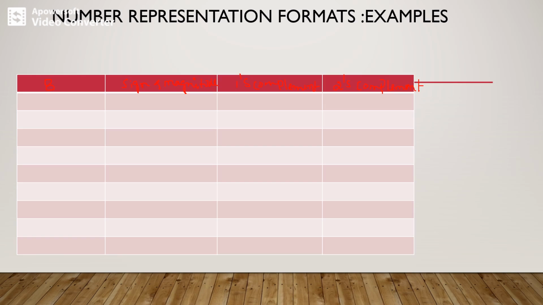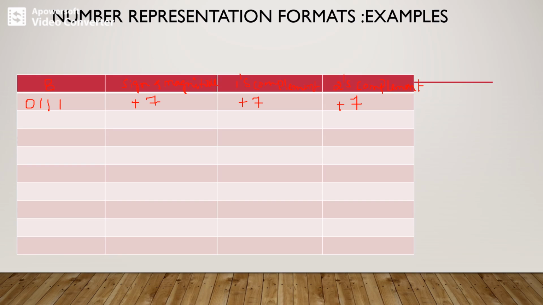So first we'll consider the number 0, 1, 1, 1. Since the MSB is 0, in sign and magnitude I can write it as plus 7. Since the number is positive, one's complement is the same as sign and magnitude. Two's complement is also the same as sign and magnitude. That is plus 7 and plus 7.